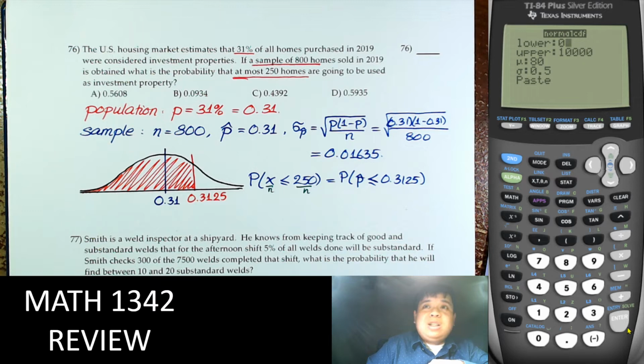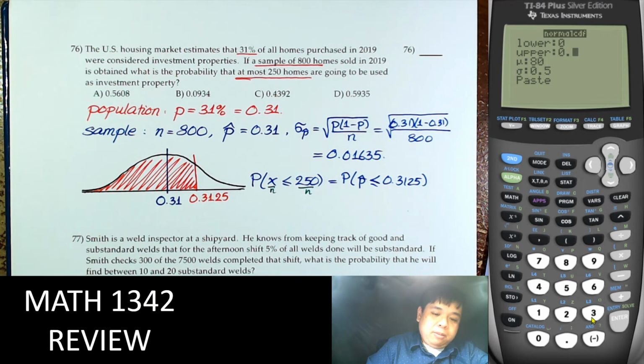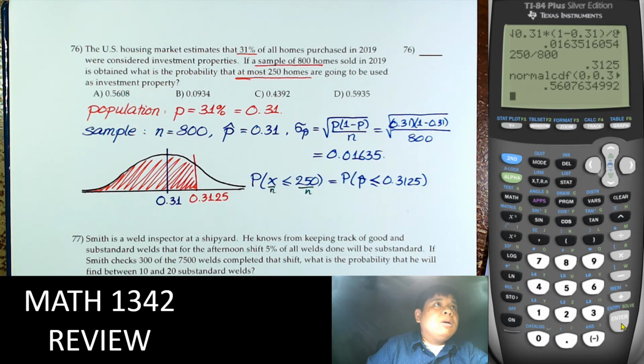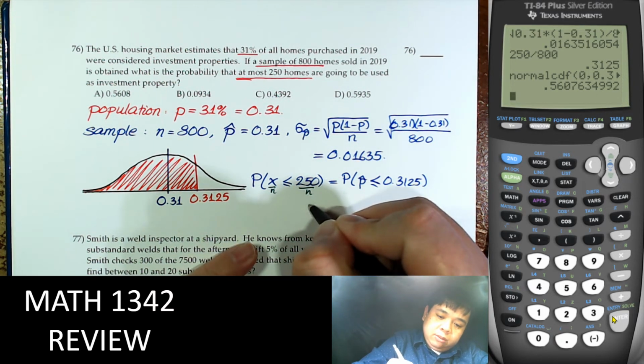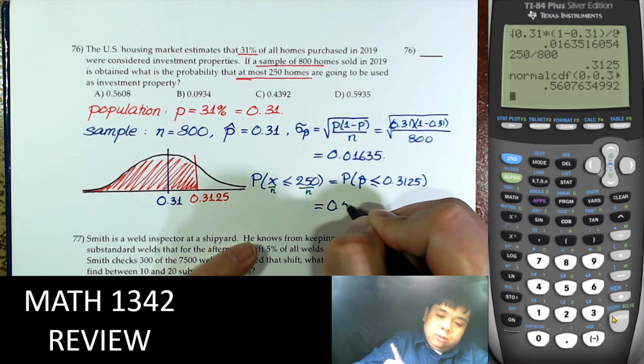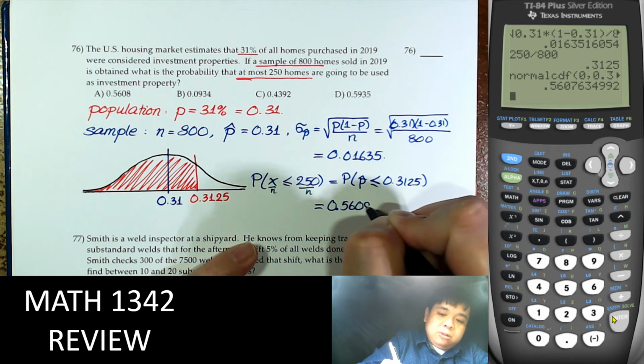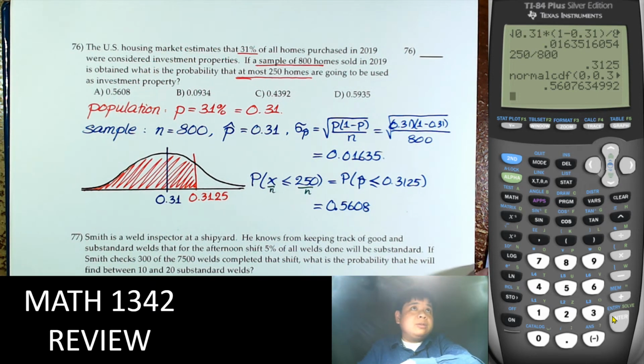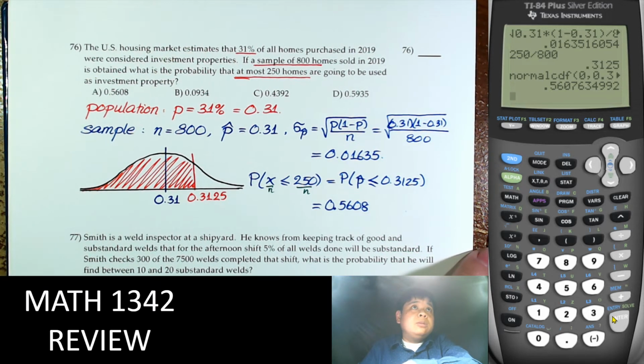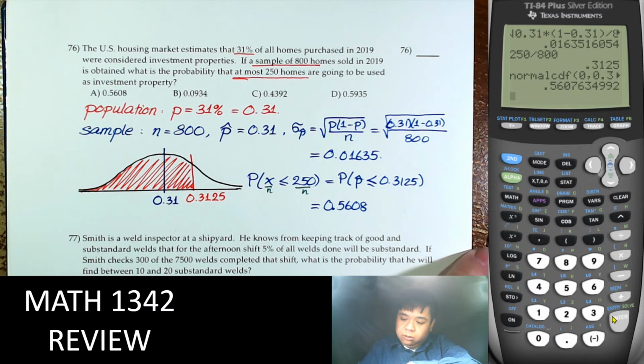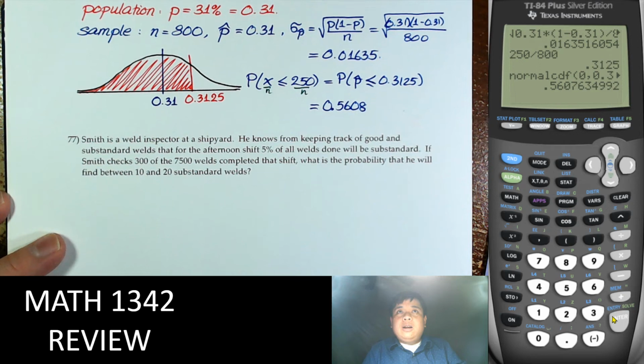You could choose negative 100, but like I said, 0 could be enough because it is significantly smaller than this. Right, you have 0.5608. Right.